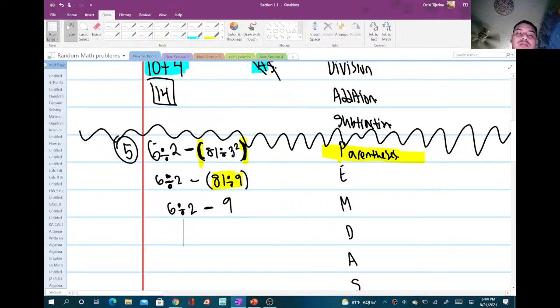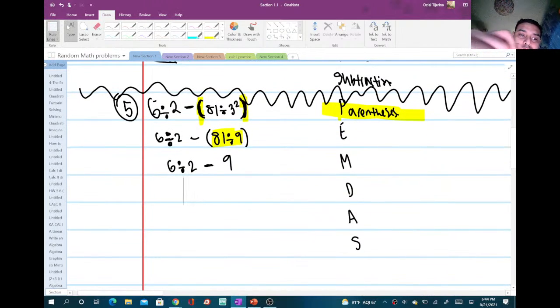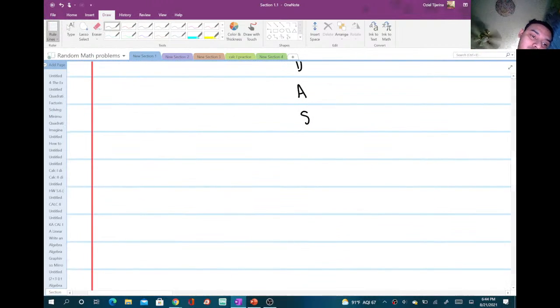Oh, and by the way, the exponent part, if you're looking at 81 divided by 3 squared, you always do this first, because it's on the inside of the parentheses. What I'm trying to say is this, hold on.